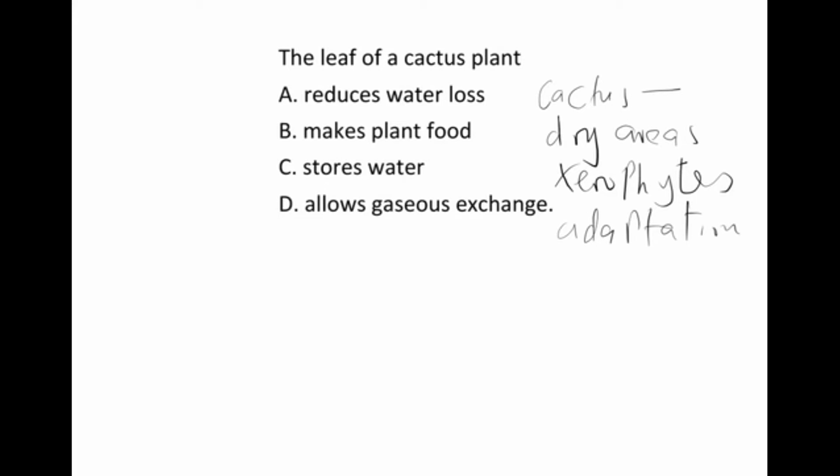Since they have a problem with the amount of water, they have mechanisms that enable them to utilize the little amount of water that is available and reduce the amount of water that is lost to the environment. They have the following adaptations or mechanisms.